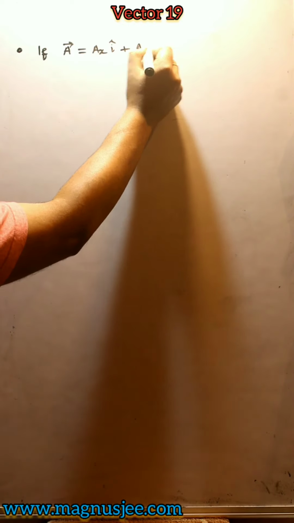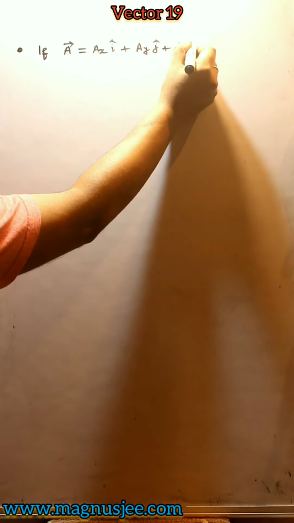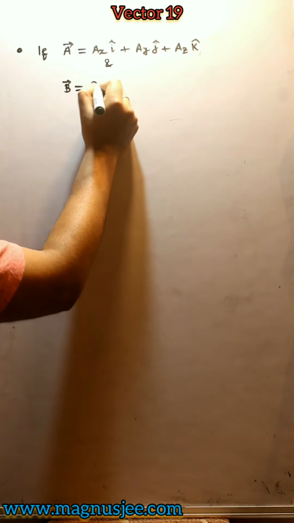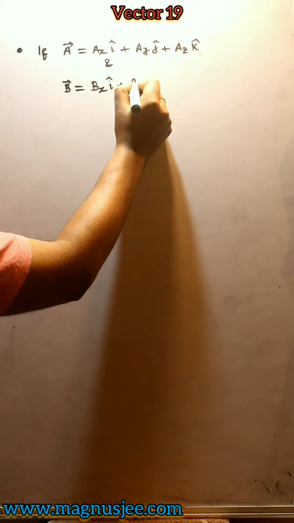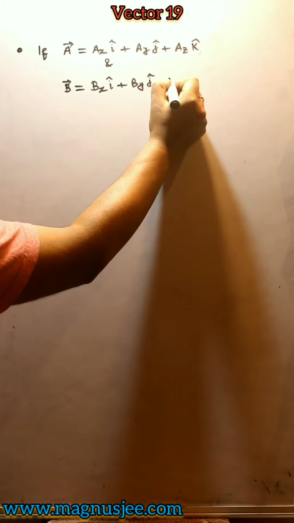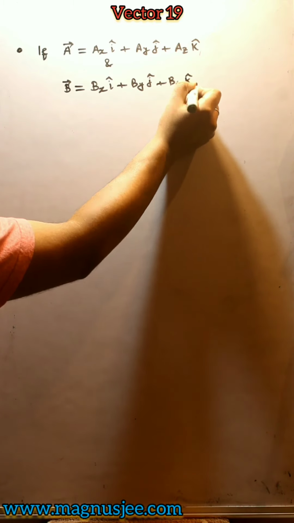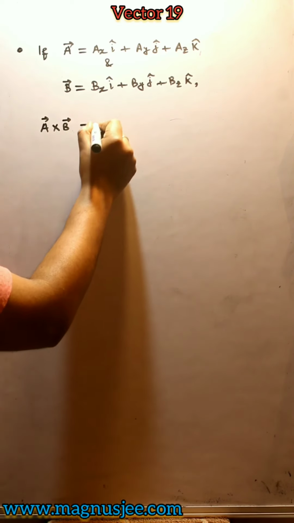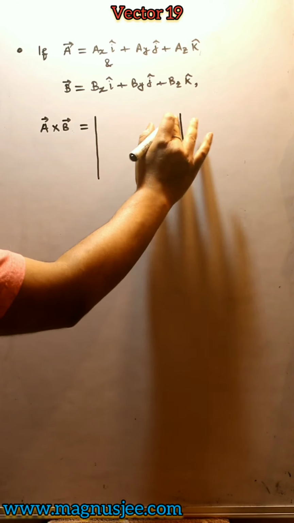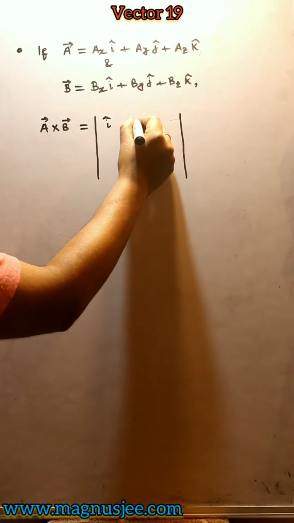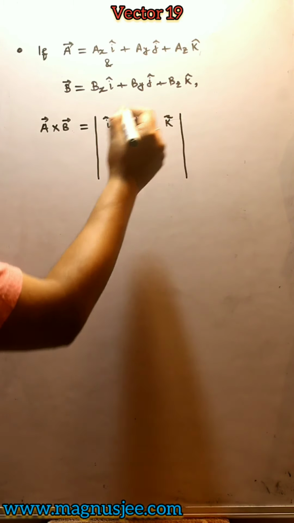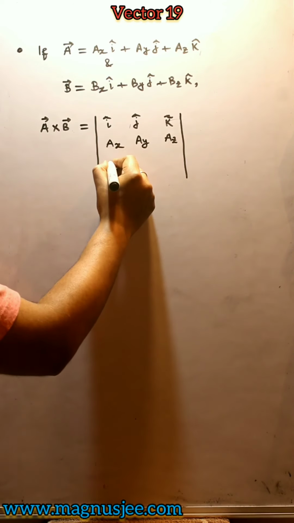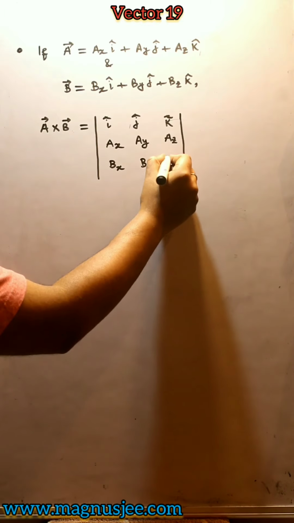If vector A equals ax i cap plus ay j cap plus az k cap and vector B equals bx i cap plus by j cap plus bz k cap, therefore vector A cross B equals determinant, with i cap, j cap, k cap in the first row. As vector A comes earlier, you have to put the rectangular components of vector A, ax, ay, az, below i cap, j cap and k cap.